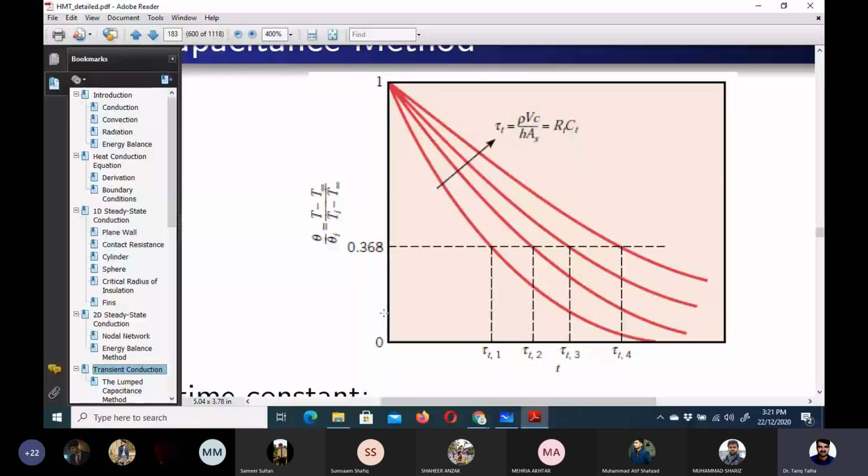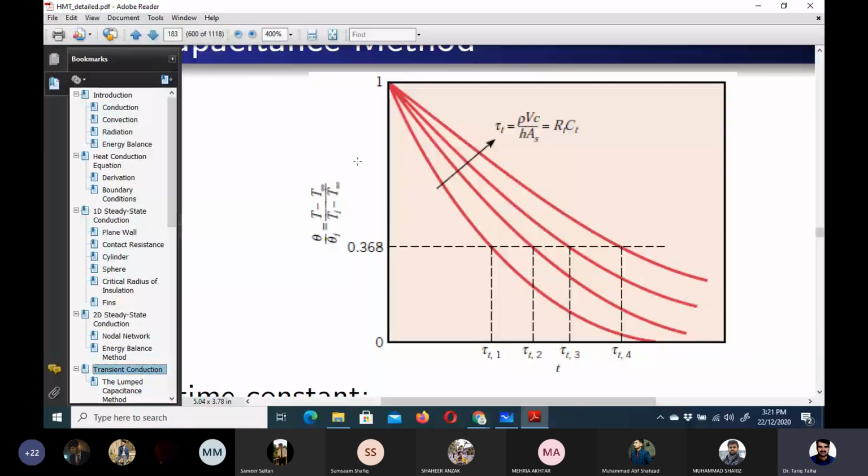Here in the numerator we would have, instead of t, T I, so that would be equal to 1. So you see that all the curves start from 1.